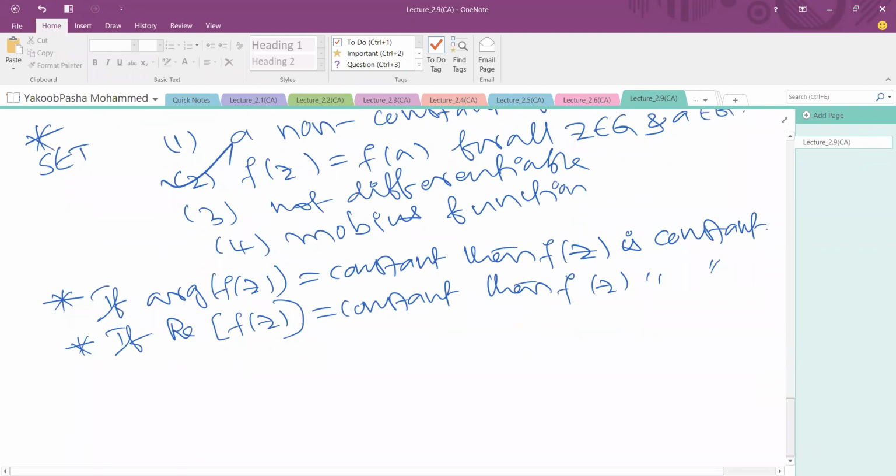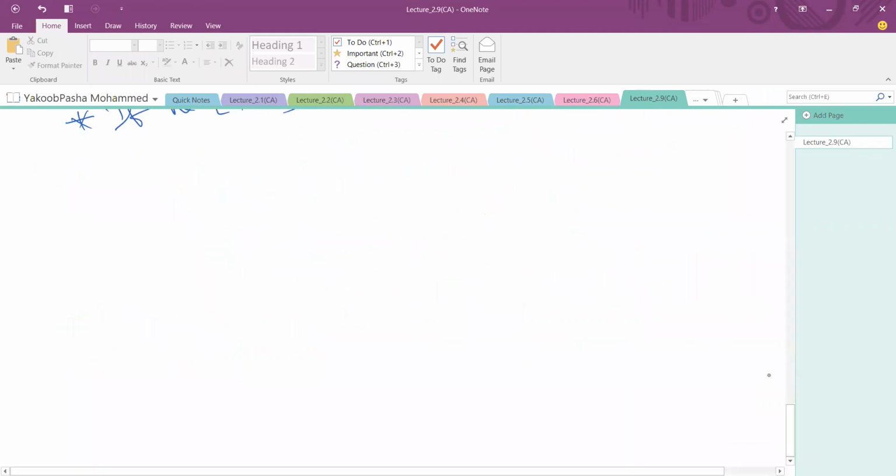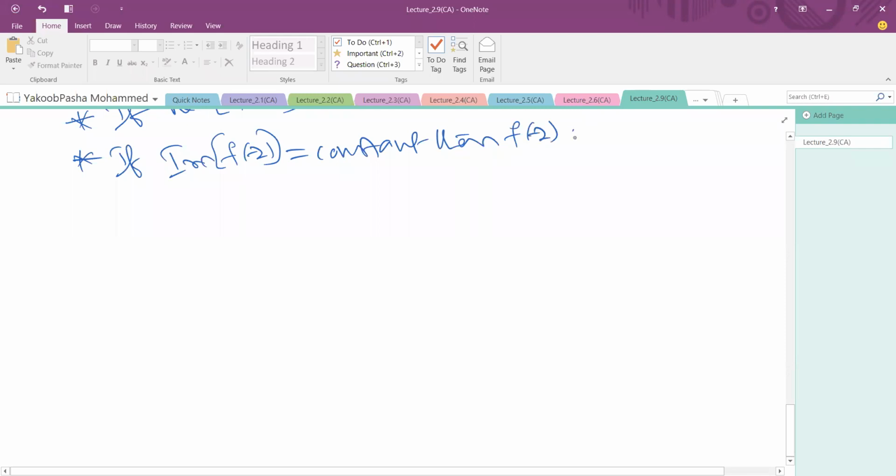Okay. Next, if the imaginary part of f of z is constant, then f of z is also a constant function. Okay.